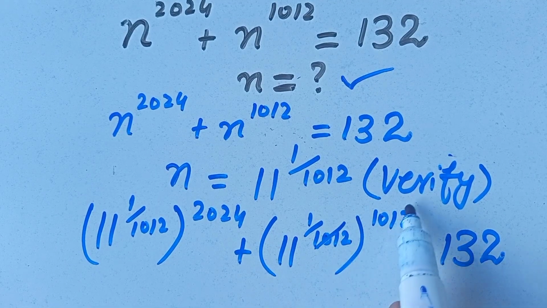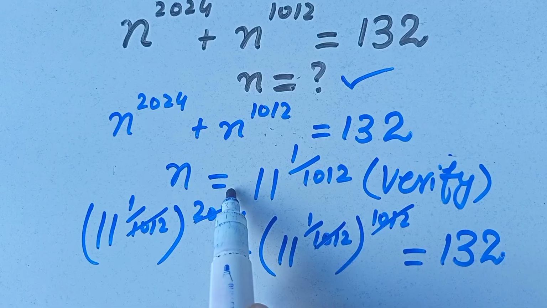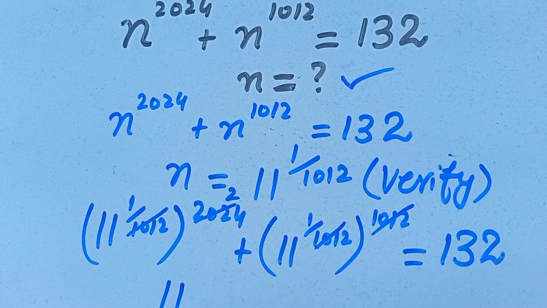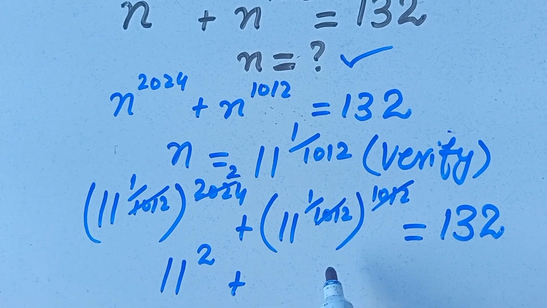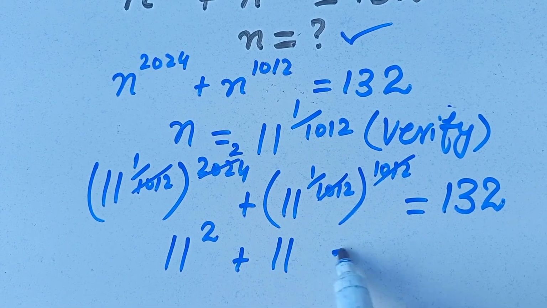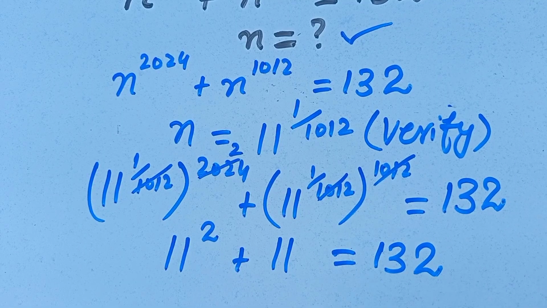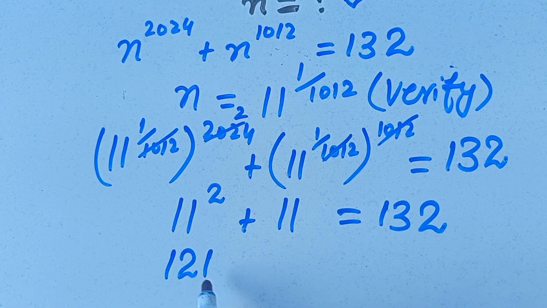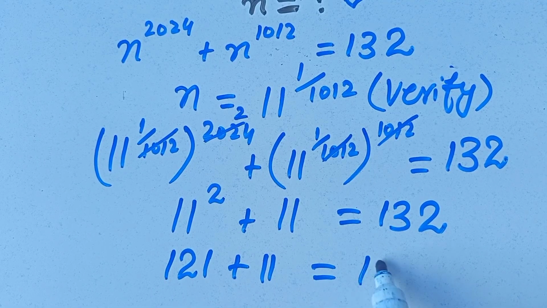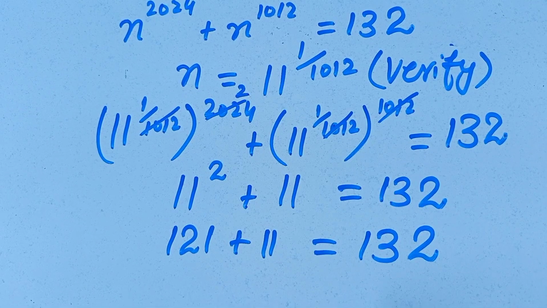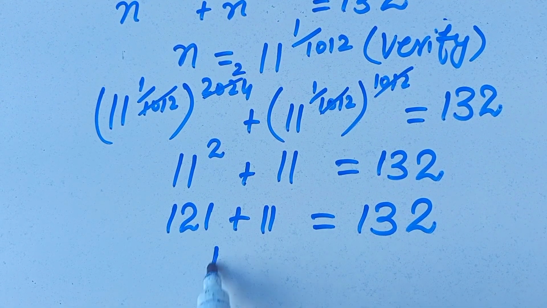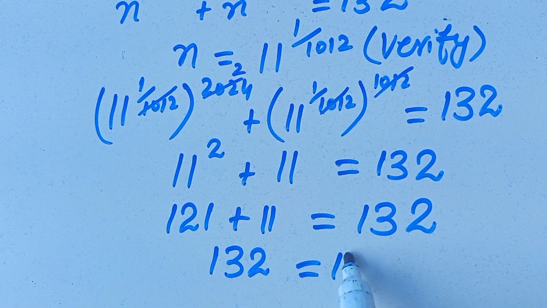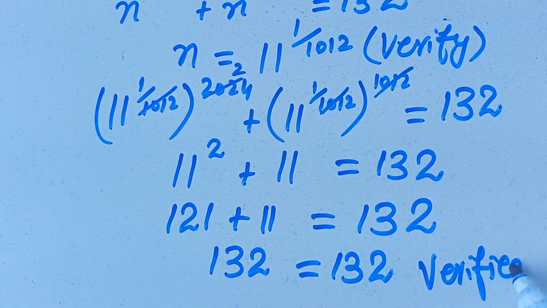Now simplifying the left hand side, 1012 cancels with 2024. We are left with 11 squared plus 11, because the 1012s cancel out, equals 132. Simplifying, 11 times 11 equals 121, plus 11 equals 132. So 132 equals 132, left hand side equals right hand side. We have verified this result.